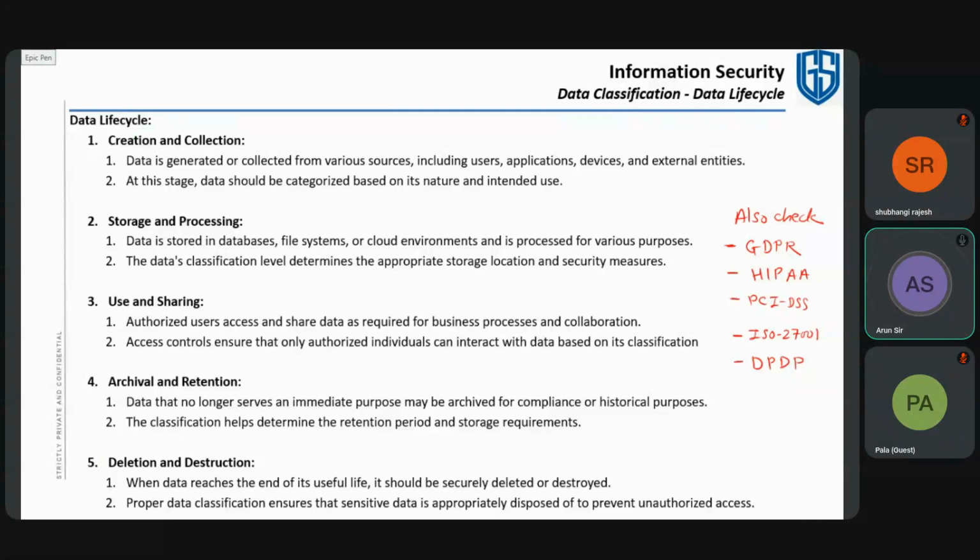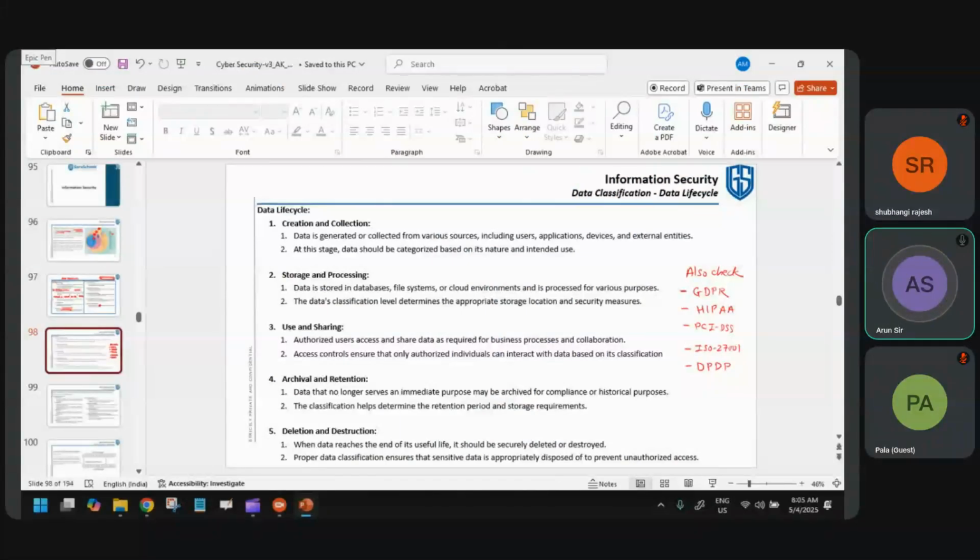So yes, in the last session I requested everyone to go through GDPR, HIPAA, PCI DSS, all this. I just wanted to know whether you all got some information from this, or have you ever got the chance to look at this or not?